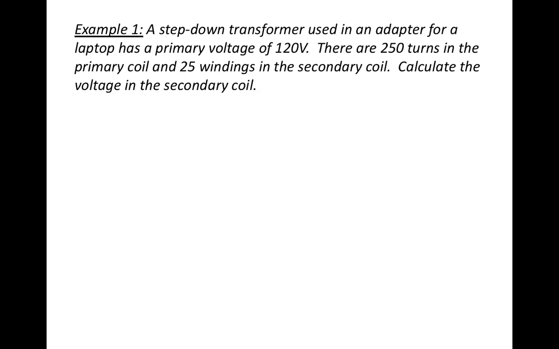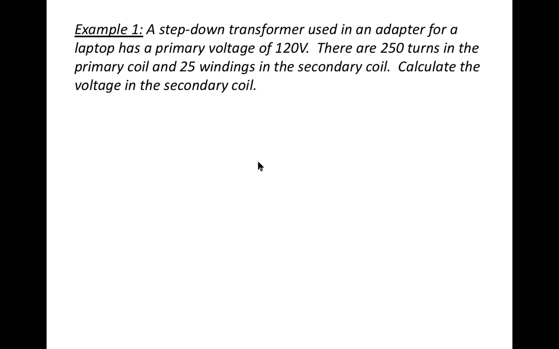I don't know if that's maybe a dinosaur way to say it, but anyways, it is called an adapter because it actually adapts the voltage from the voltage that you plug in the wall to the voltage that is safe for your laptop. So when we plug into the wall, we have 120 volts, but in the computer, we want less than that. So in this transformer, in that adapter, we start with 250 turns on one side and 25 turns on the other side. So that is how many times less?